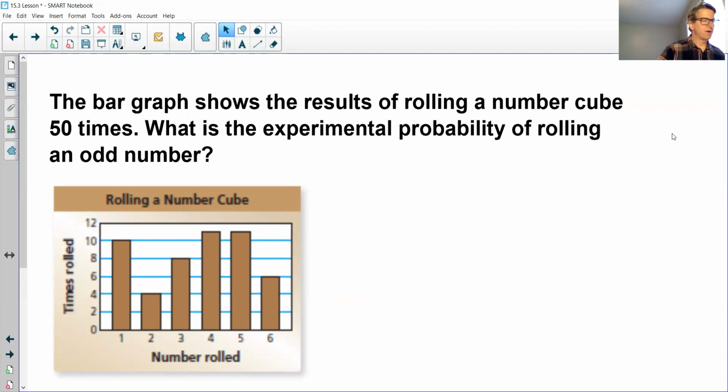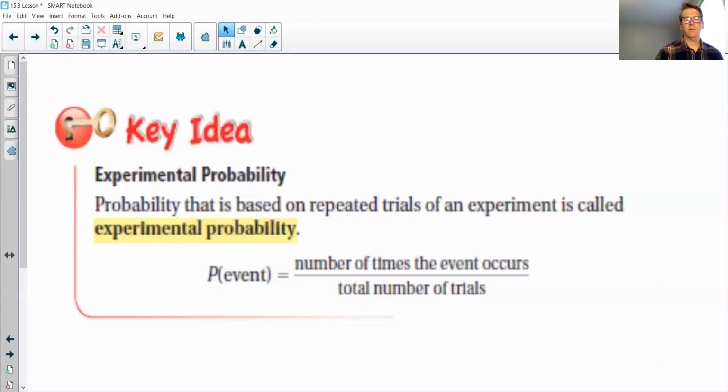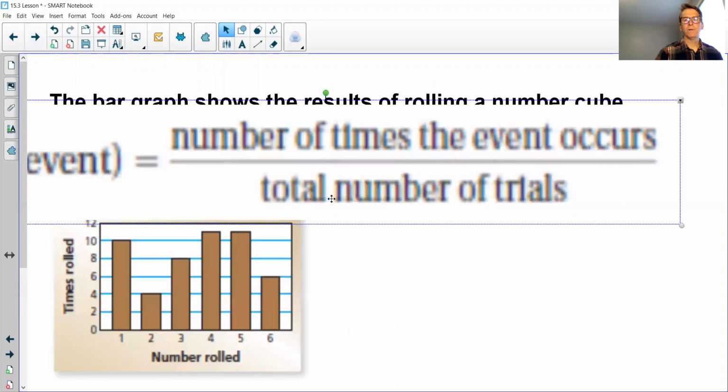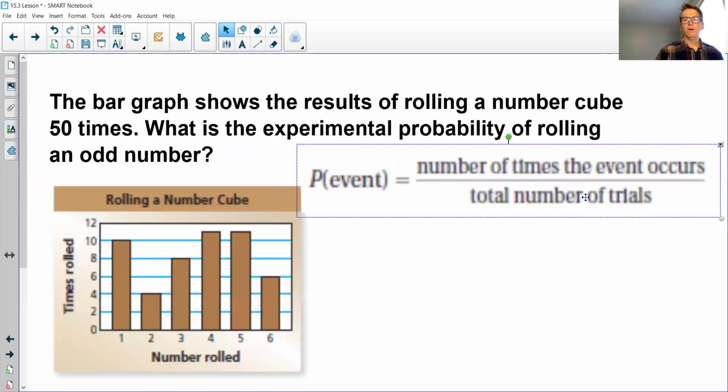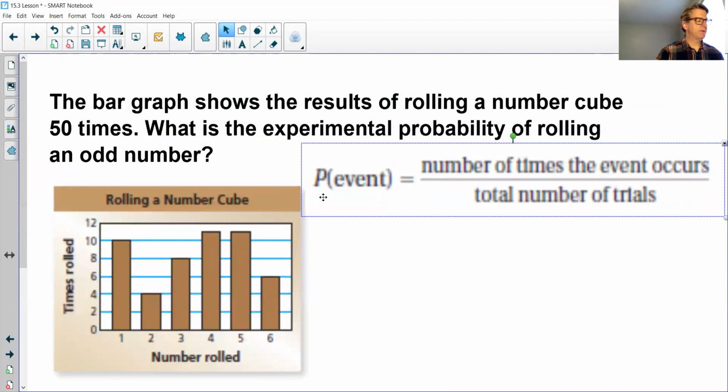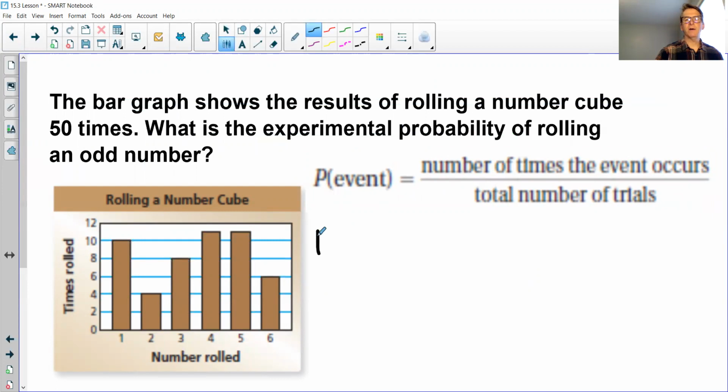Okay, so what we're going to do is take our relationship that we just talked about and bring it on over. So we're looking for the probability of an odd number.